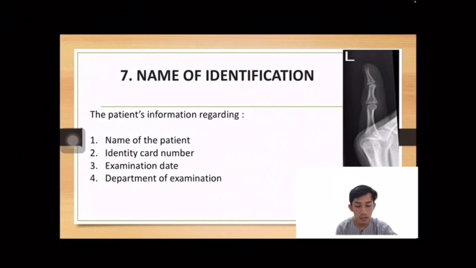The last one is the names of identification. The names of identification is the information about the patient. We have 4 criteria, 4 pieces of information about the patient. First is the name of the patient. Second is the identity card number. Third is the examination date.